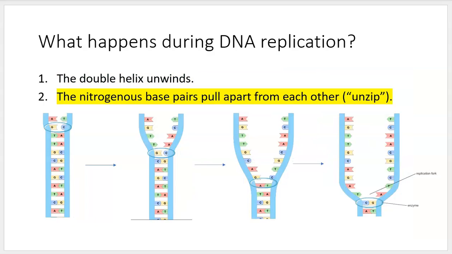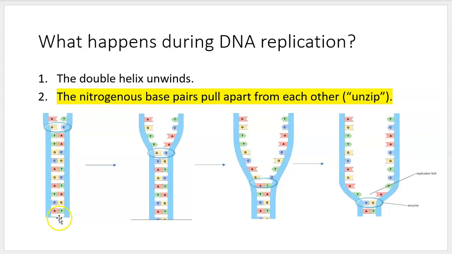So number two, after the double helix unwinds, the nitrogenous base pairs will pull apart from one another. In other words, we like to say that it unzips. It literally looks like a zipper unzipping. So an enzyme will come in, and the enzyme is represented by this sort of oval, clear oval here. The enzyme comes in and it will move through the DNA molecule, splitting it right down the middle.